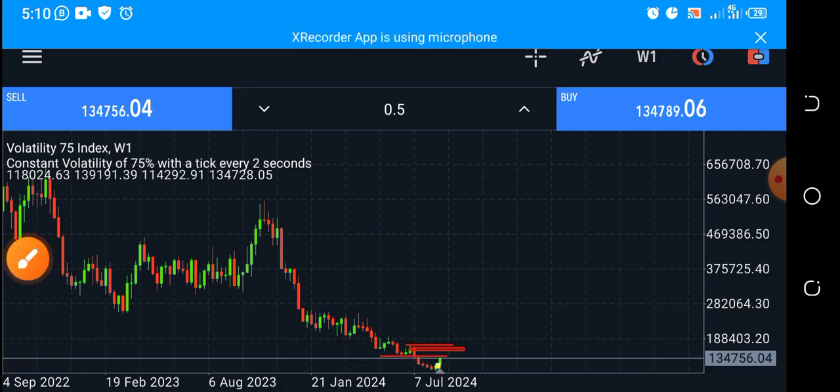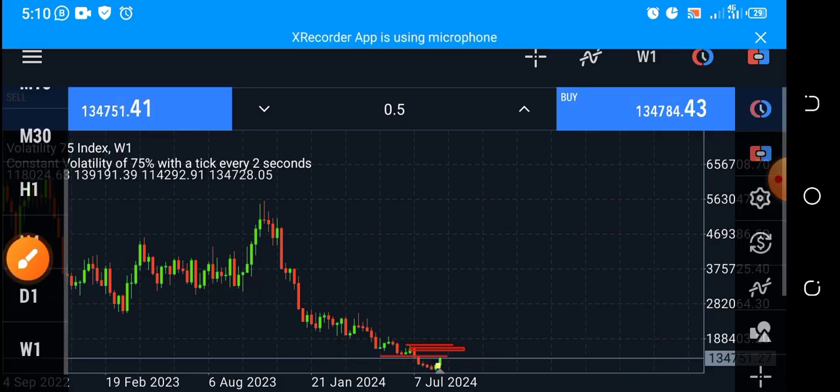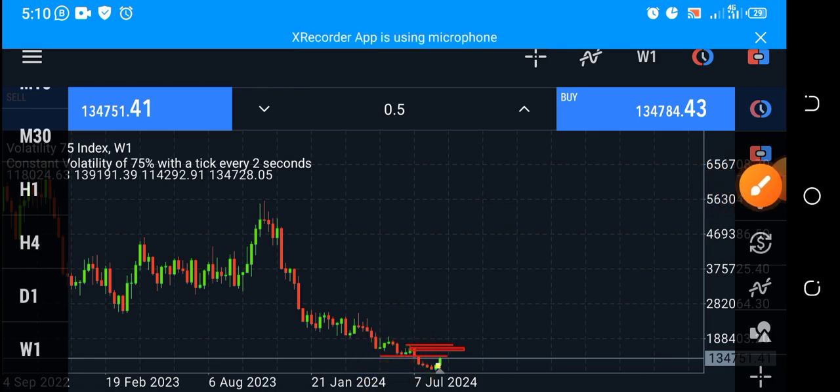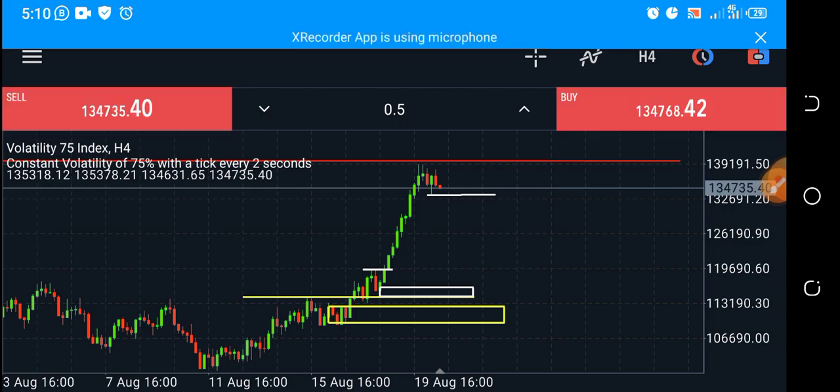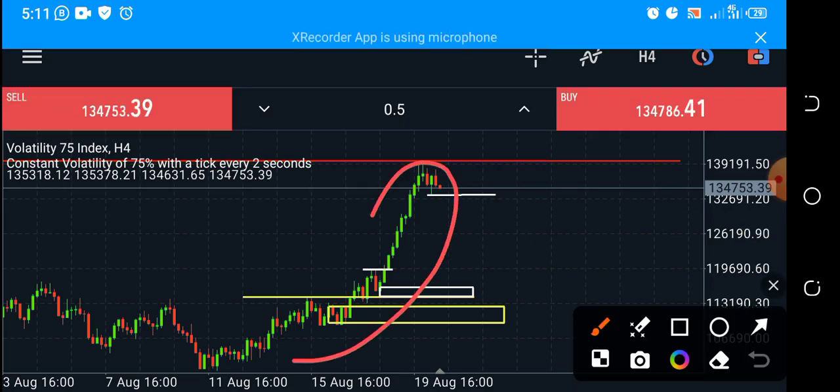It has been on a downtrend, but then there appeared something that looks like the bulls have come into the market. Let me check the 4 hours. This right here looks like the bulls have come in.